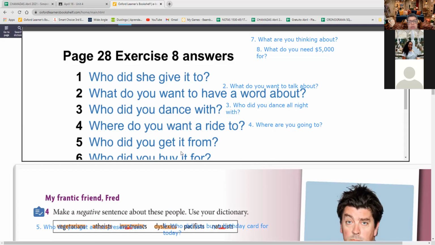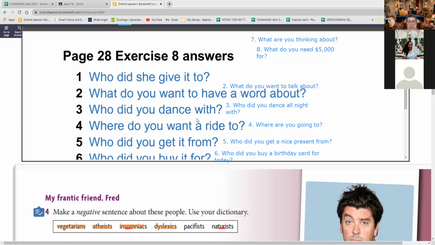Number five, who did you get it from? Let me see. Yes, this one. Instead of using a nice present, they put the pronoun. This is the only change. Who did you get it from? Number six, who did you buy it for? Like I'm saying here, they are substituting the word with the pronoun it.